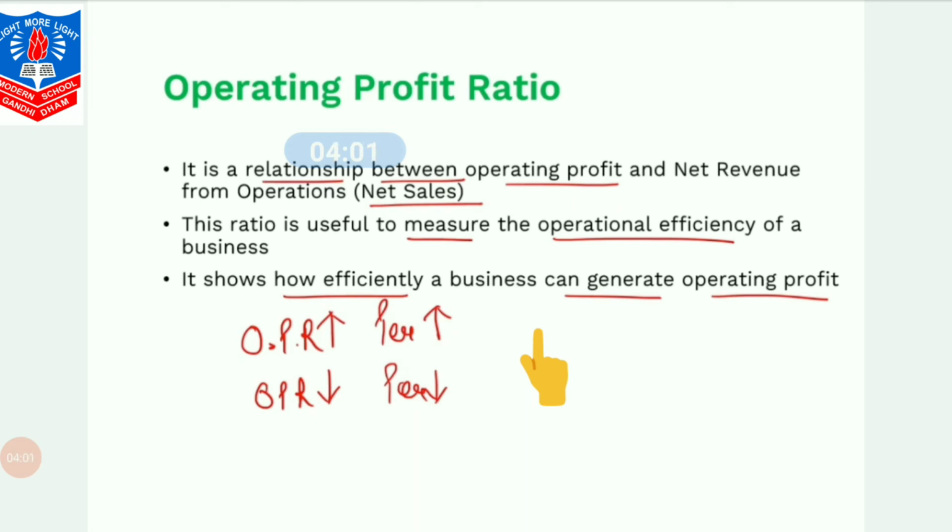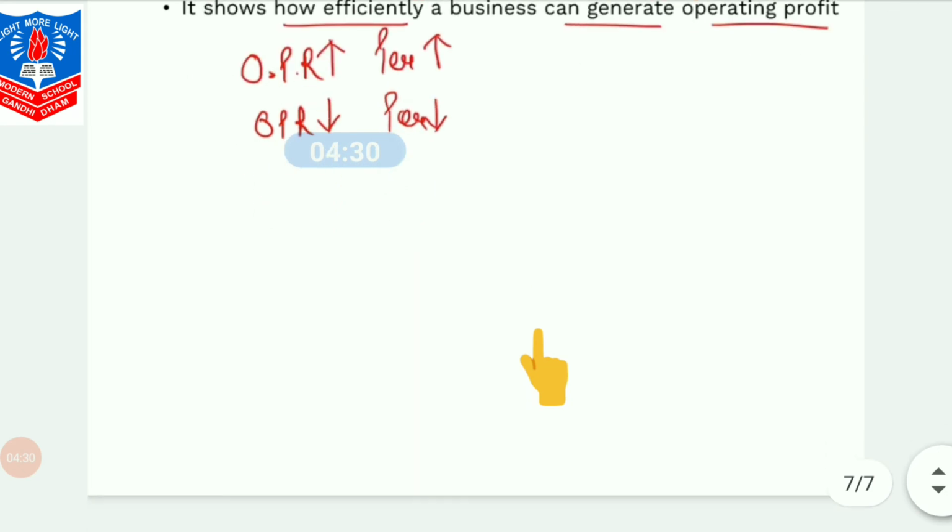Now, what do we mean by operating profit? Very easy. Operating profit means sales minus operating cost. When we subtract operating cost from sales, the result we get is operating profit. Okay, so this was the next one.